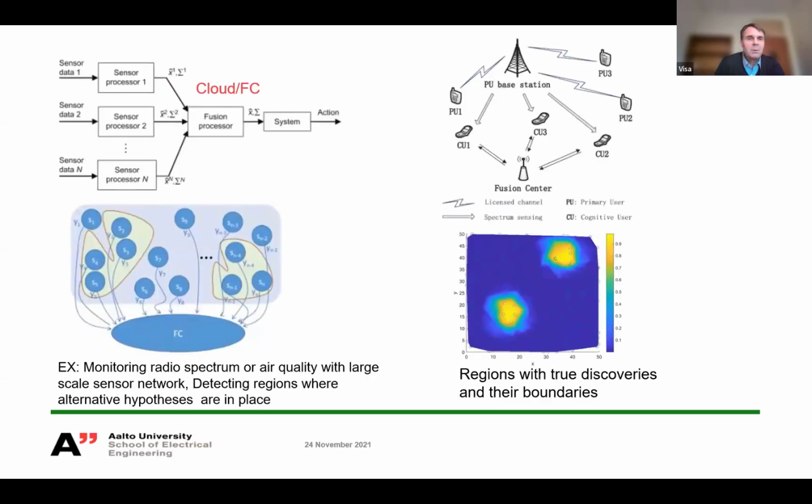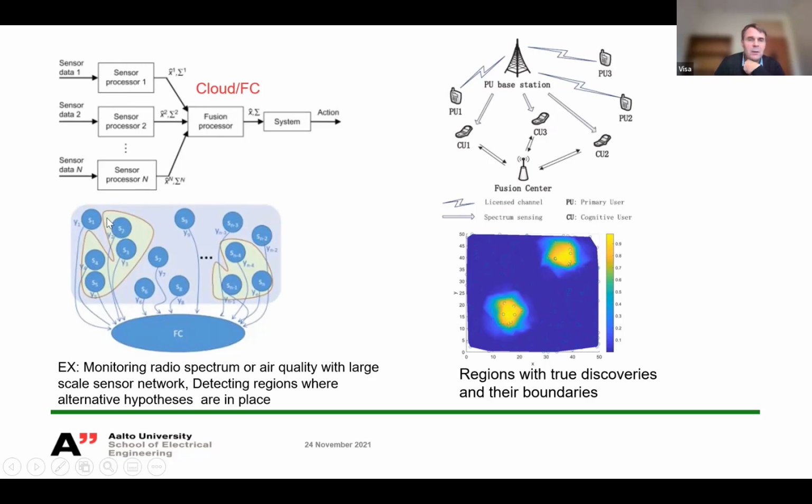So here are some examples where you have sensors in different locations, and they communicate some local information to the cloud or fusion center that then fuses this information and makes the final decisions. Based on those decisions, it may take some actions.